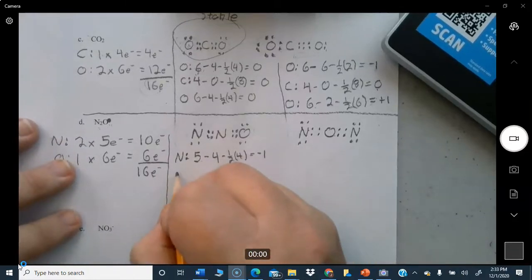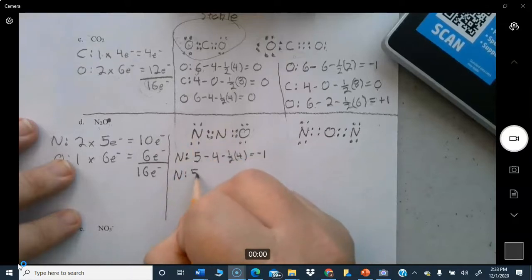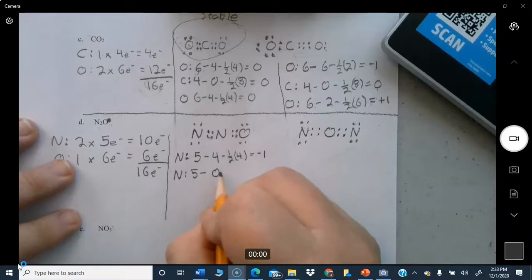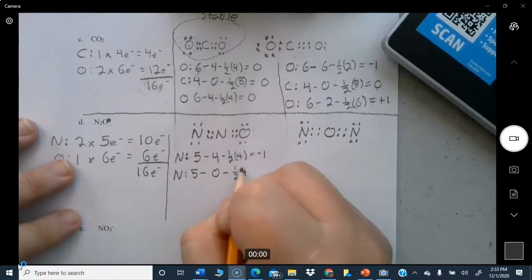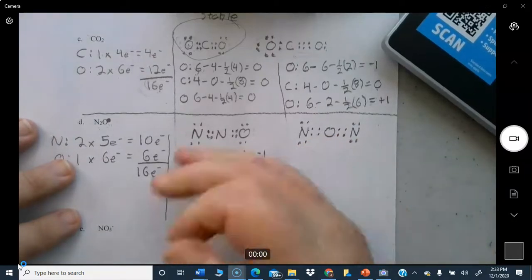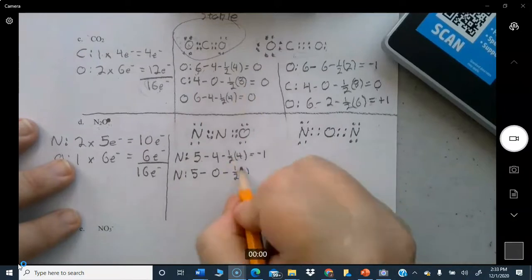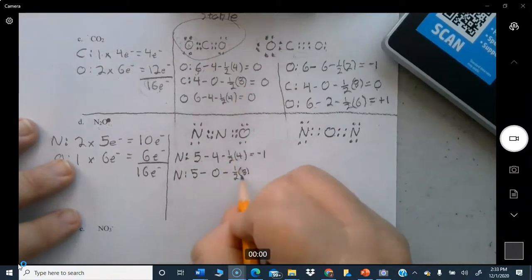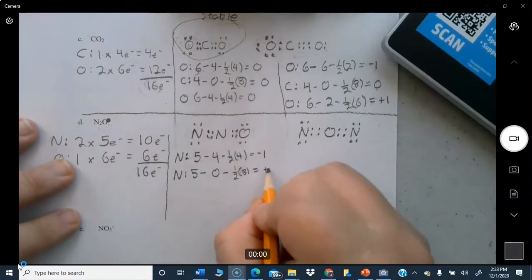Okay? Then now the nitrogen in the center, also 5 valence electrons naturally, minus, it has no lone pairs, minus half of 8, which is 4. So 5 minus 4 equals +1, okay?